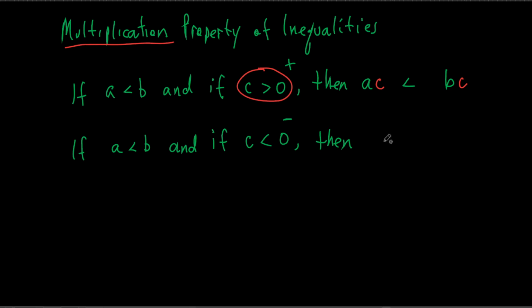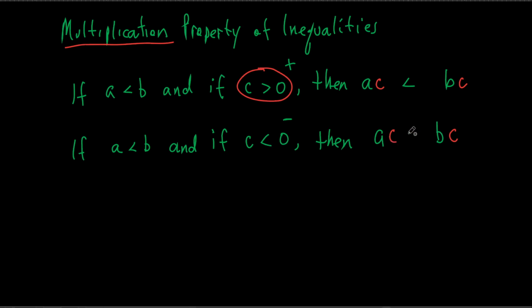If I took A and B, now let's put a C in there. If I multiplied this side by C and multiplied this side by C, remember what kind of number C is. C is a negative number, okay, because C's got to be less than 0.